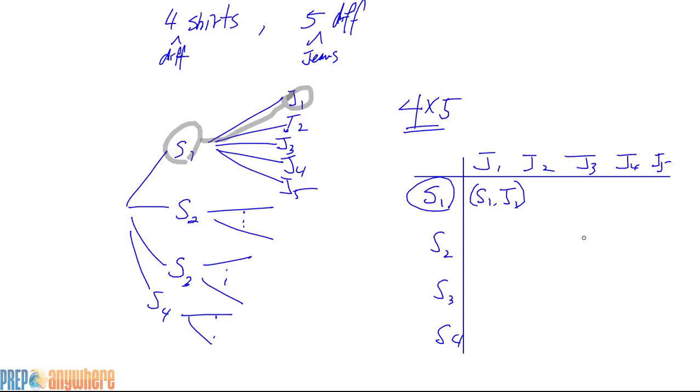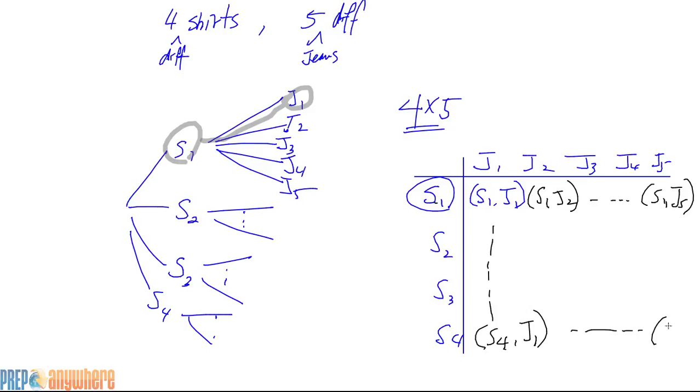The second column represents shirt 1 still, but jean 2, and so on, all the way up to shirt 1 and jean 5. All the way down to shirt 4, jean 1, up to still shirt 4, because we're in the last row, but jean 5.